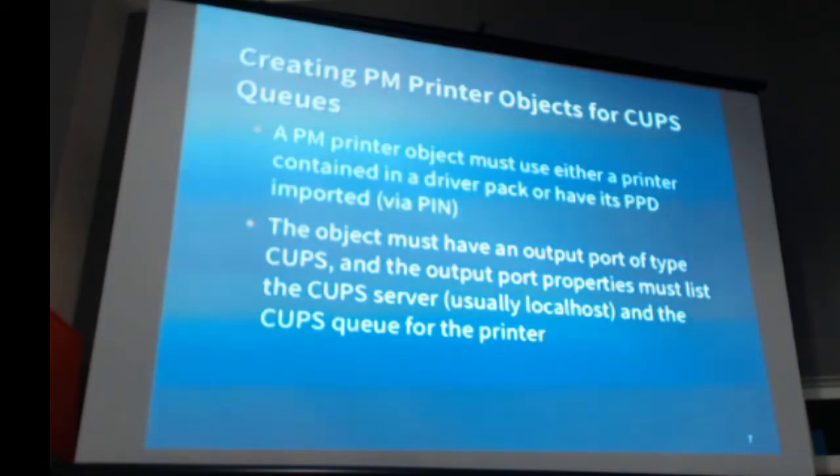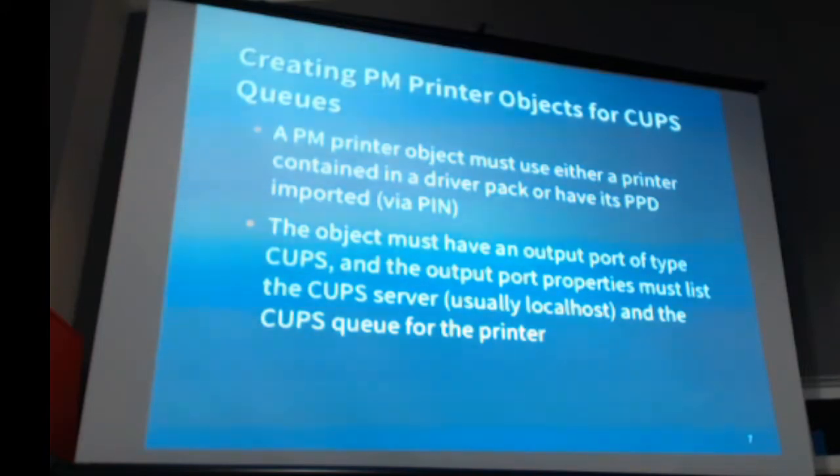A PPD, PostScript page definition file, is what describes a CUPS printer. Every CUPS printer, when you create an object in a print queue in CUPS for a CUPS printer, is based on the data in the PPD file for that printer. How many trays the printer has, what language the printer speaks, all of that is described in the PPD file.